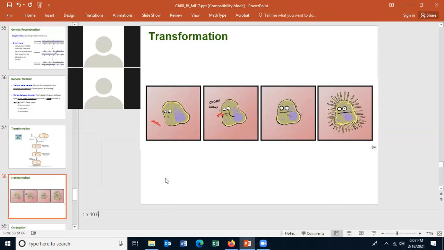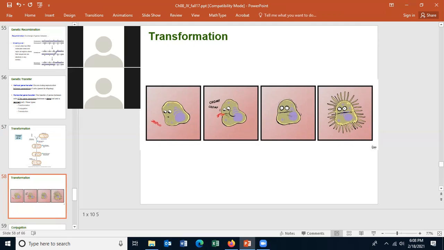That's a good guess, but you want to guess again? The other answer is more often. Yeah, it happens about 10 times more often. Once in 10 to the 5th cells, we have transformation occurring in bacteria cells.